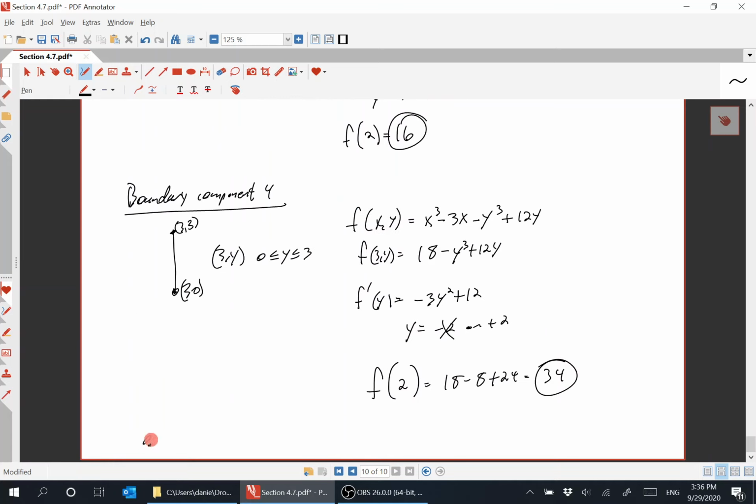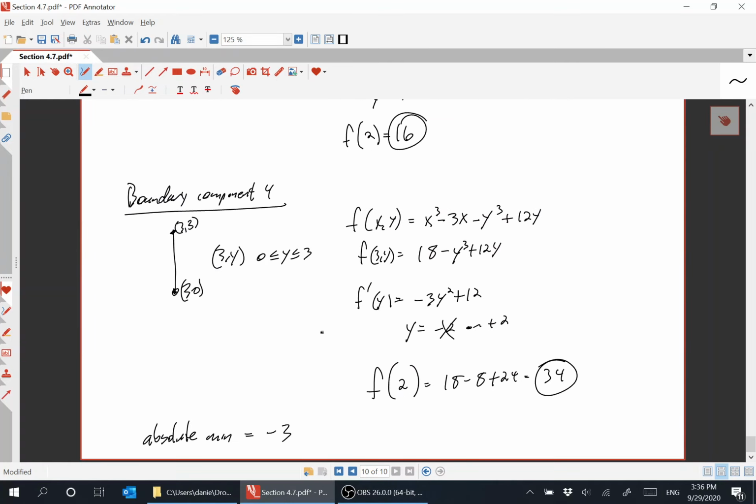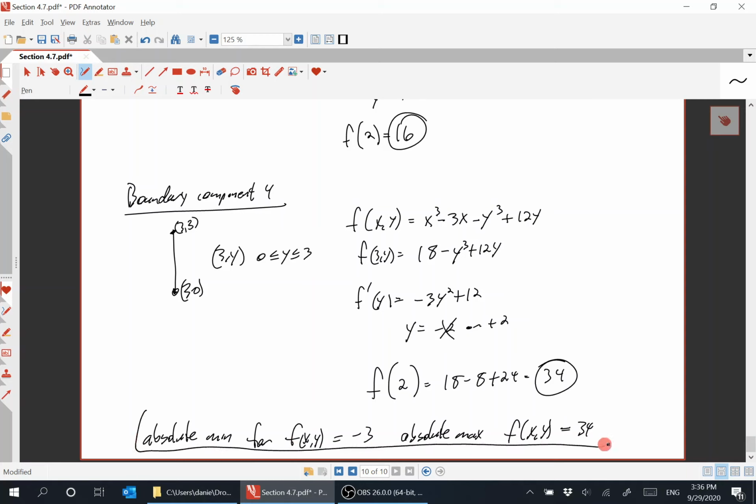All right, so absolute min is minus 3 for f of x, and absolute max is f of x, y equal to 34. And that's it.